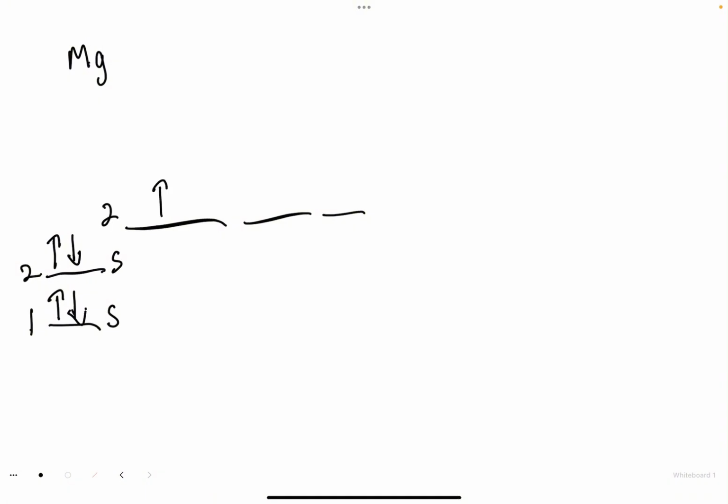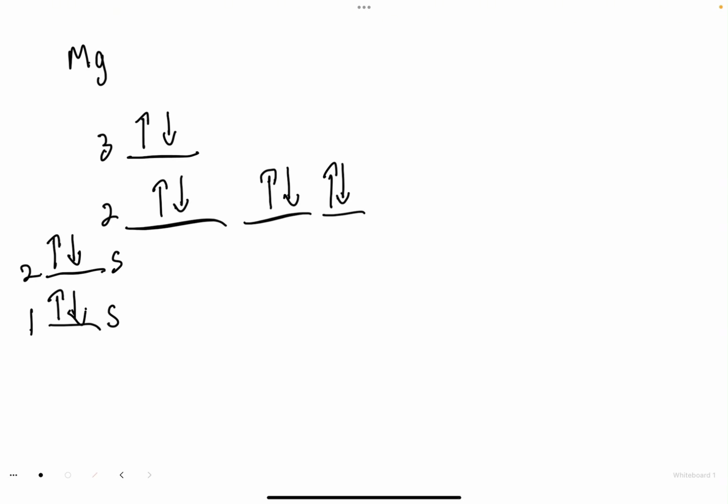Fill up all of them first just to build a good habit. You have 2, 4, 6, 8, 10, and now you need to go to the third level, which is 3s. That's 1 and 2, so it's perfectly at 12 electrons.